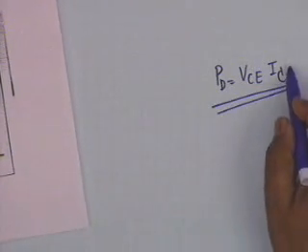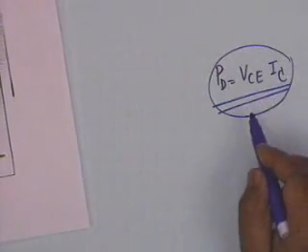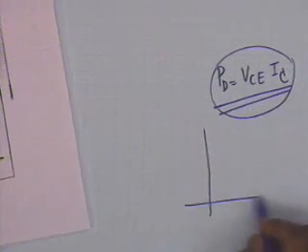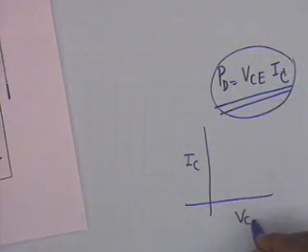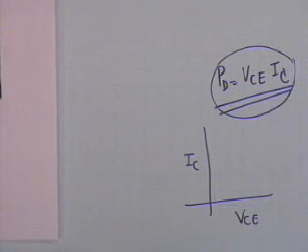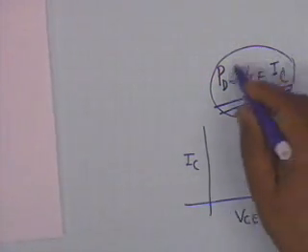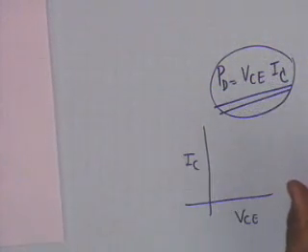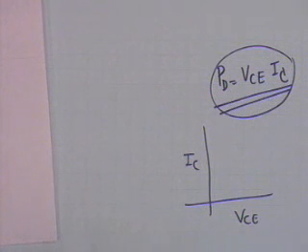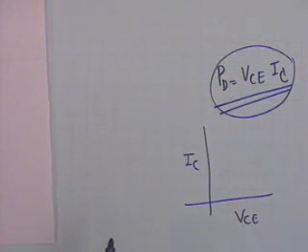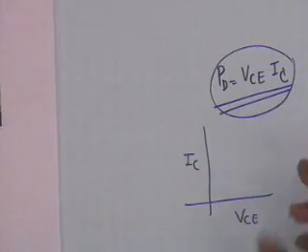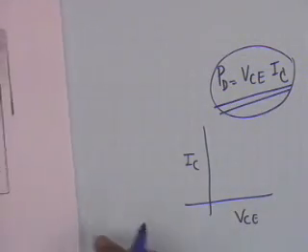Alright? Now, obviously, in the I sub C versus VCE characteristic, what does this represent? The product is a constant, so this represents a hyperbola. Isn't that right? The product XY is a constant, this represents a hyperbola.